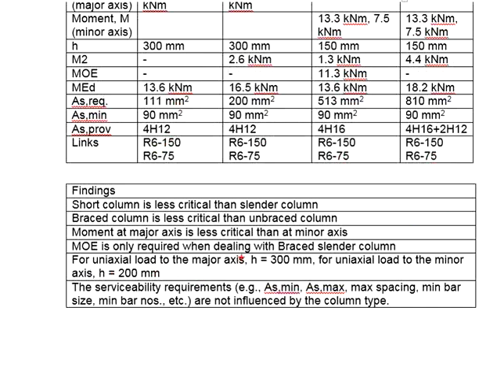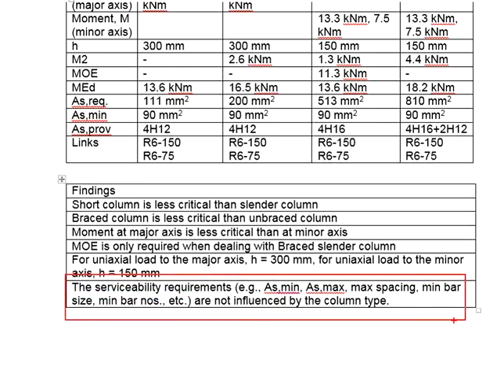Another thing is the H, which is governed by the direction where the moment is acting. If you are dealing with the major axis, your H will be the bigger value of the column dimension, which in this case is 300. Now, if the moment is acting in the minor axis, it goes with the smaller column dimension, which in this case is 150.